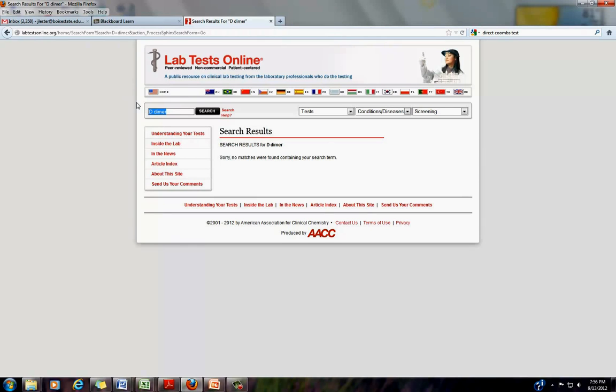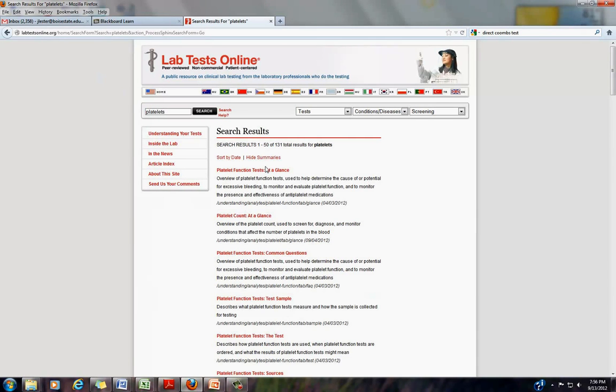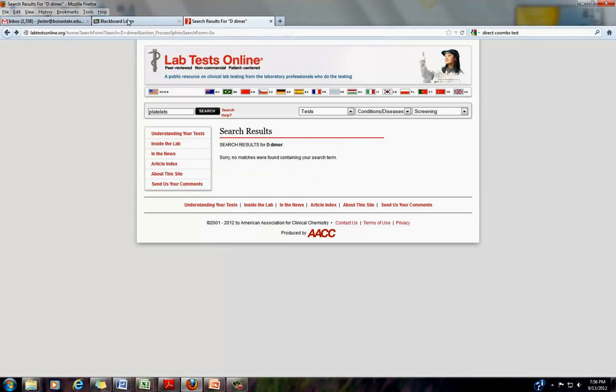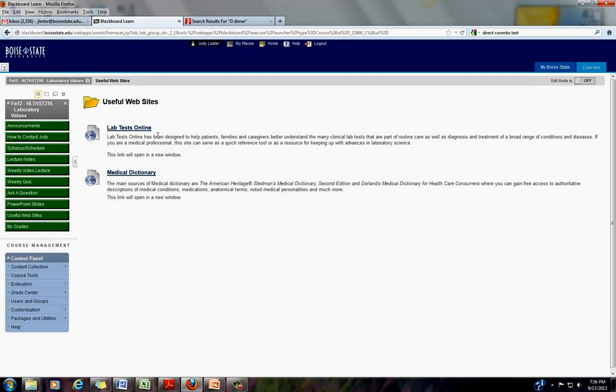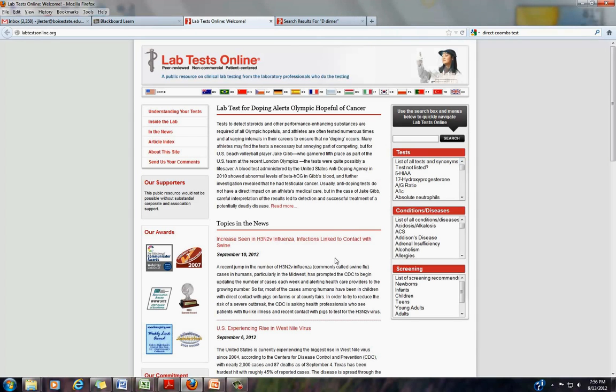How about platelets? We've got platelets, so it can tell me about common questions. So this is a helpful website that would let you find information about different laboratory tests, and you could just punch those in.